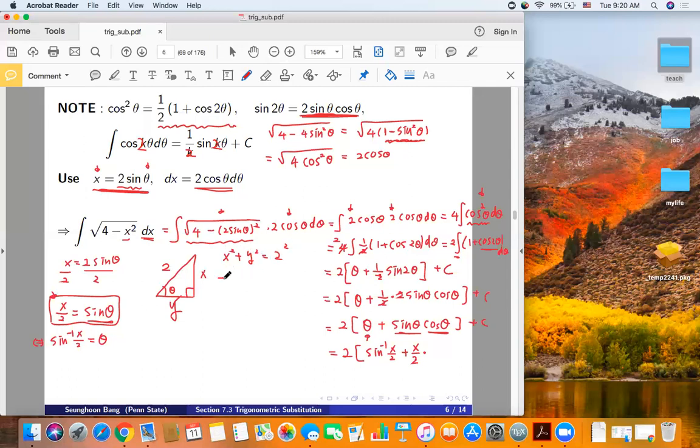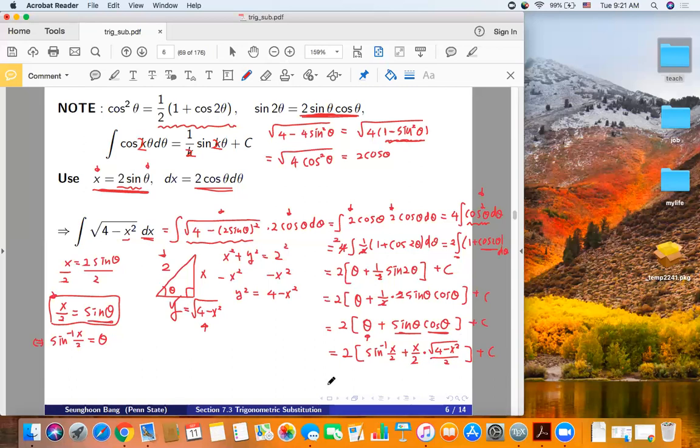Subtract x squared from both sides: y squared equals 4 minus x squared. Take the square root, y is the square root of 4 minus x squared. So what is cosine theta? Cosine theta is the adjacent over the hypotenuse, so we have the square root of 4 minus x squared over 2, plus c.